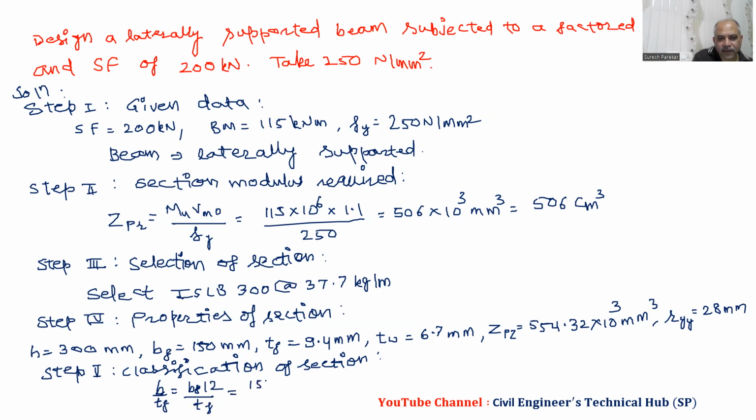And we have 150 upon 2 divided by 9.4, and this is equal to 7.98, less than 9.4. Therefore, flange is plastic. Table 2, I am not repeating this, page 18. And why BF by 2? You can go to page 19.